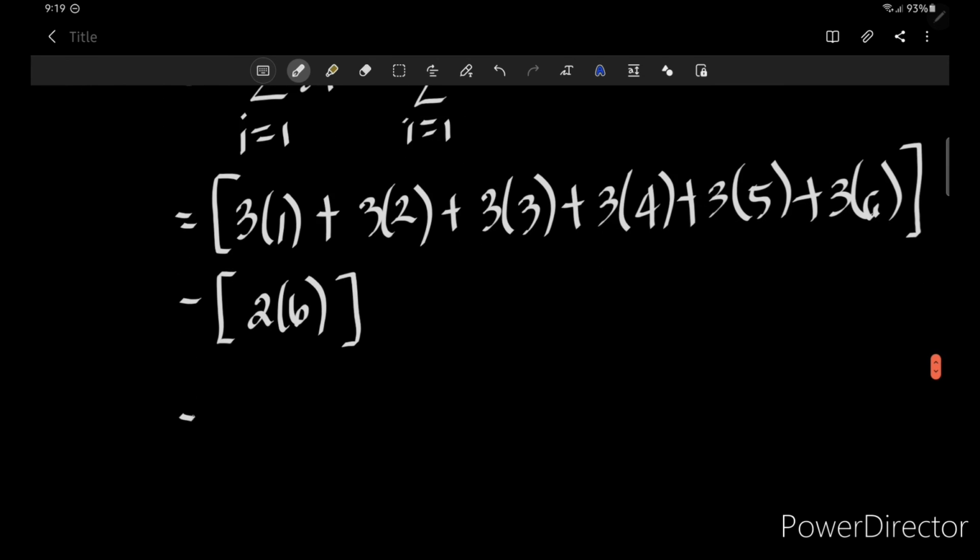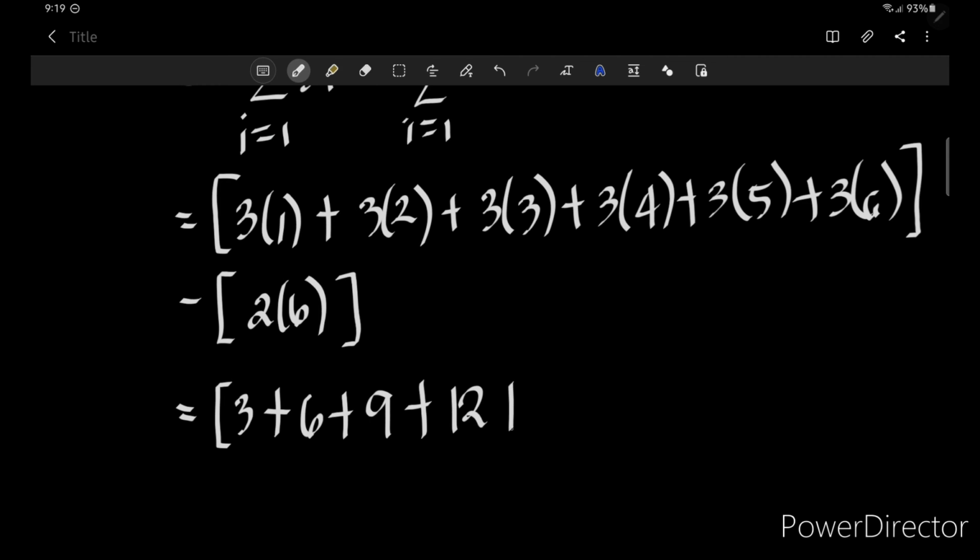Ganyan na lang kasimple. Evaluate lang natin. We have 3 plus 6 plus 9 plus 12 plus 15 plus 18, minus 2 times 6 is 12.